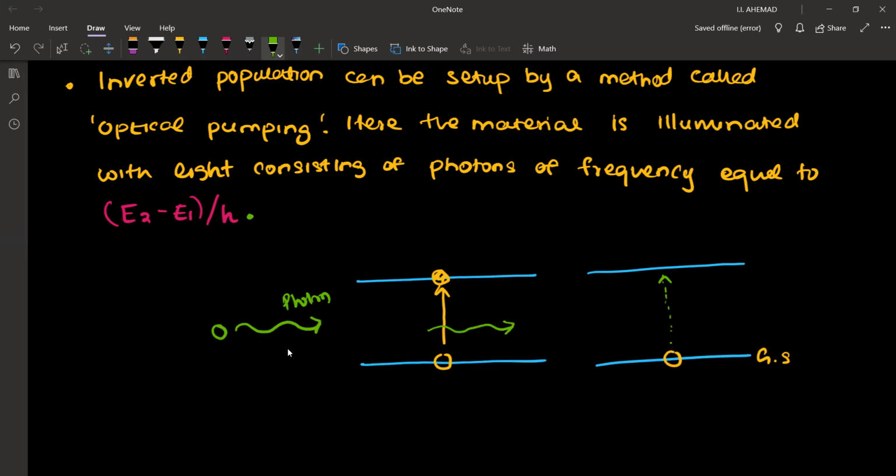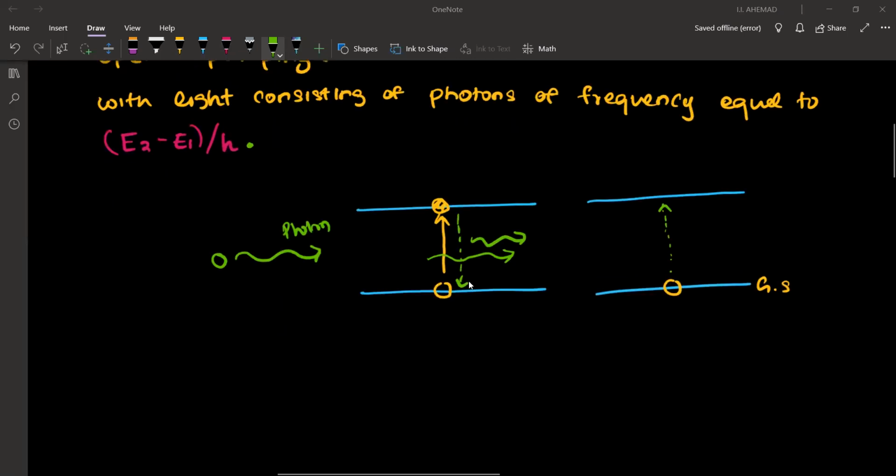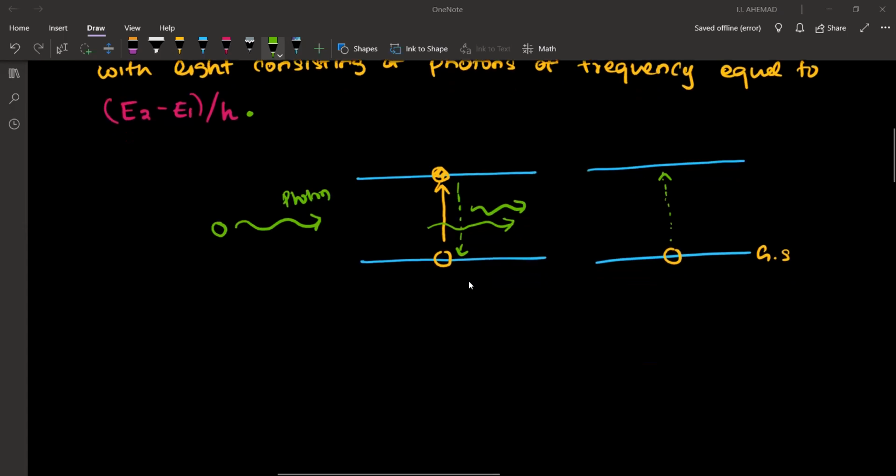Can this undergo stimulated emission? Yes or no? Do you get my point?